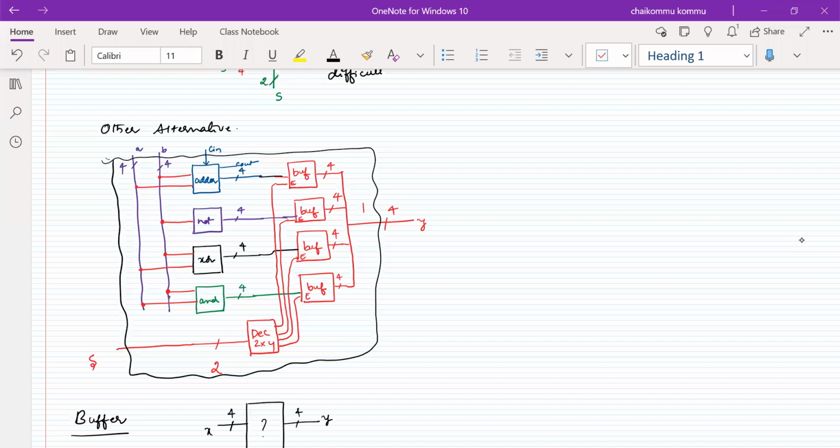One more important point: once you have described one particular module, we have to test it first. If it is not synthesized and simulated properly, we cannot use it in your main program. Otherwise, what will happen? Obviously, common sense: if you put a wrong device there, the complete system will become worse.